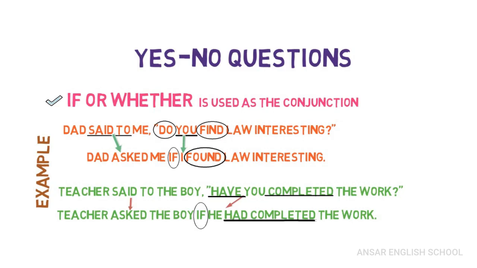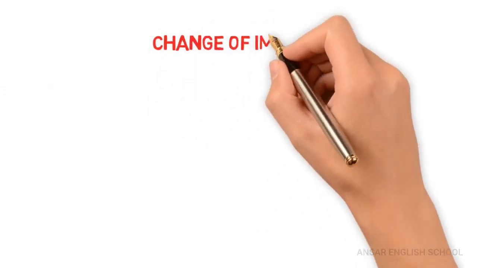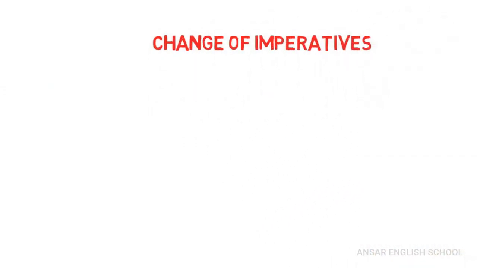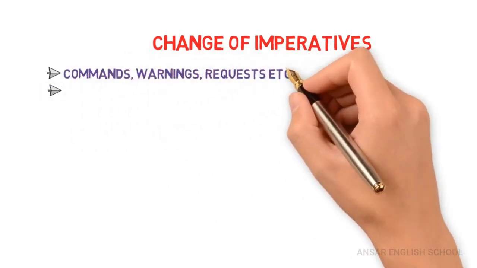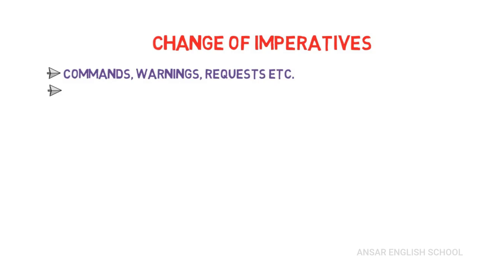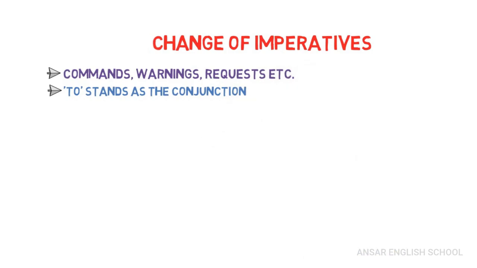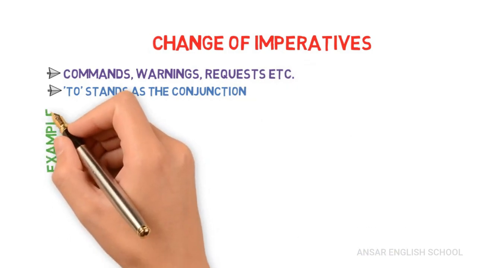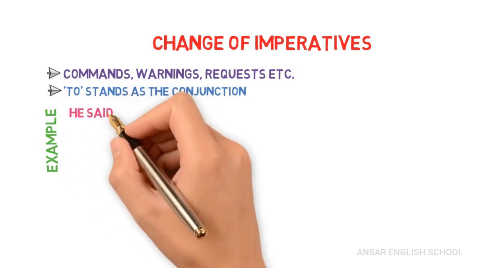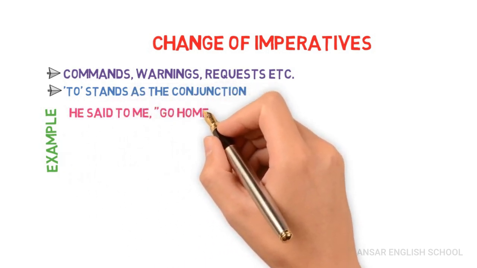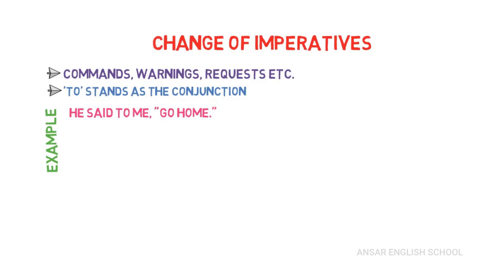Then change of imperatives. As you know, imperative sentences are sentences which show commands, warnings, requests, etc. And when you are reporting such a sentence, to is used as the conjunction. For example, he said to me, "Go home." Here we will change that reporting verb said to as told.